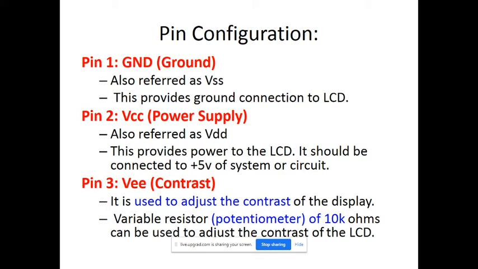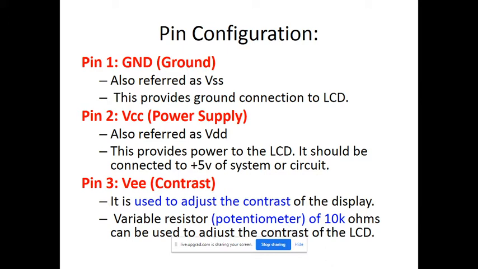First, the first three pins are related to power supply. The first pin is the ground pin. We are applying the ground signal to this. Then the next pin is the VCC signal. We are applying plus 5 volt to this pin. Then the third pin is VEE, that is the contrast setting.